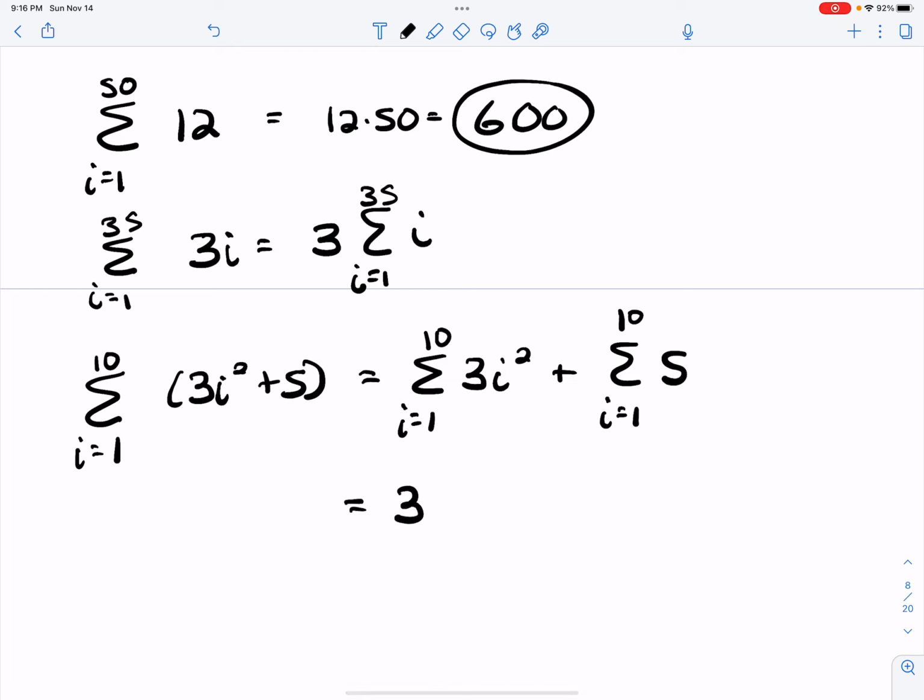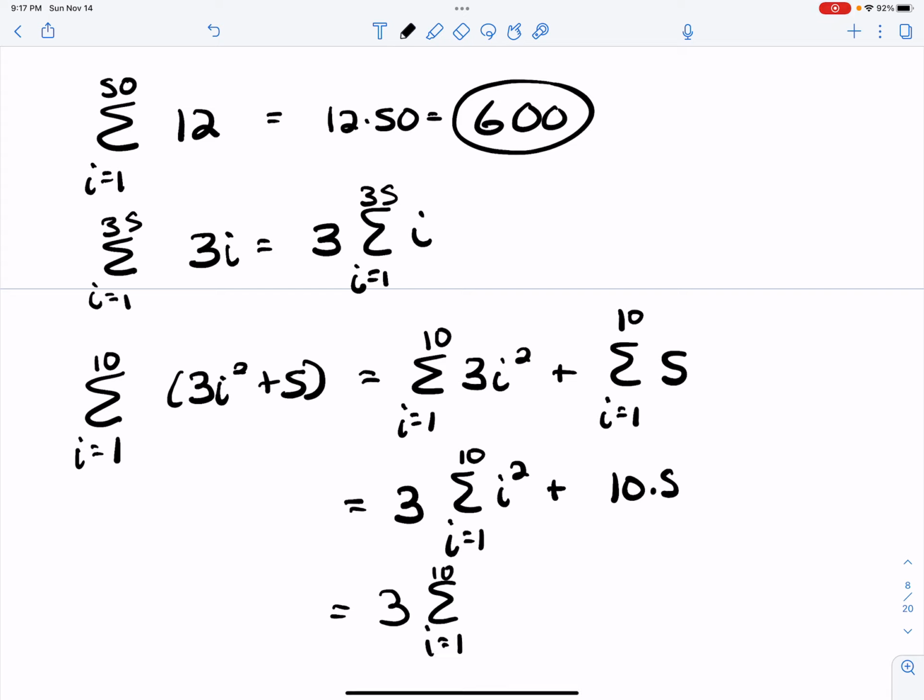You can put the 3 out front here: 3 times the summation of i equals 1 to 10 of i squared, plus, and then there you can do 10 times 5. Now I'm going to show you a rule that can help you with summing this i squared faster. I mean, you could sit there and do 1 squared plus 2 squared plus 3 squared all the way up to plus 10 squared and then multiply by 3. It's up to you. Or you can hang tight and in a minute you'll see a rule that'll help you with that.